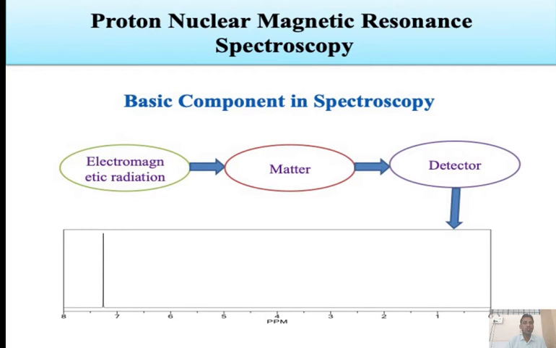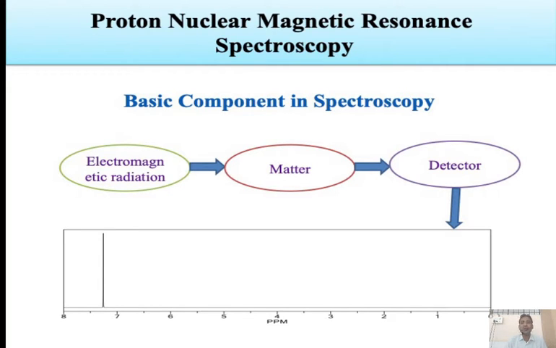First is the source, in terms of electromagnetic radiation. Then we require matter, which we also call compounds or substance. These are the basic parts: electromagnetic radiation bombarding on matter, substance or compounds.